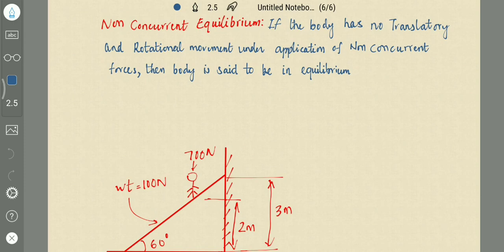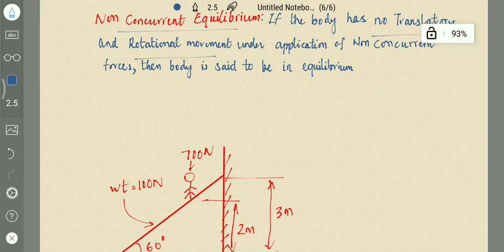If a body is in uniform motion, it should not accelerate. In non-concurrent equilibrium, the body should not translate and the body should not rotate, which means translatory and rotational movements are restricted when non-concurrent forces are acting.